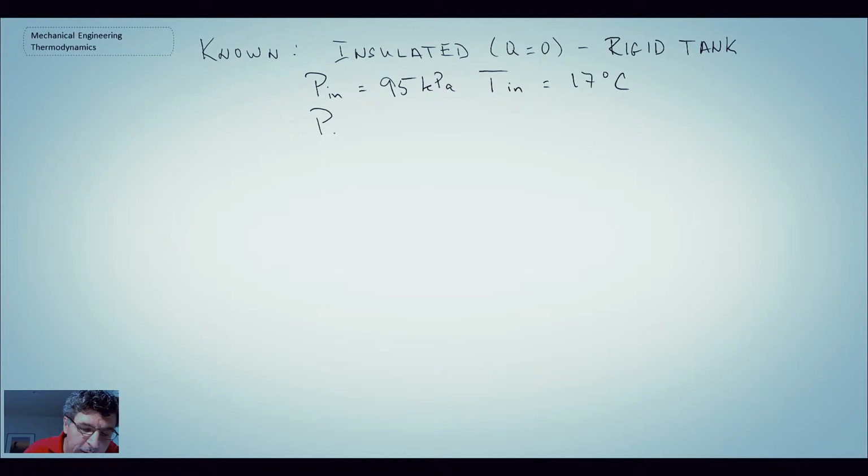And we're told that originally the tank is evacuated, meaning that it is at 0 kPa, and the final state of the tank is atmospheric pressure, which in this case is 95 kPa. What we're told to find is the final tank temperature T2.